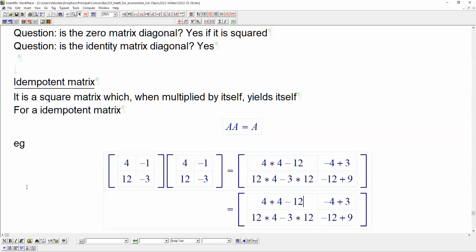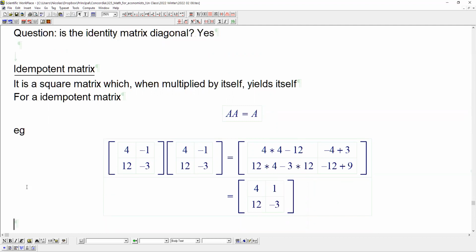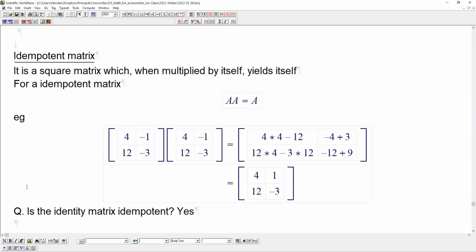So this is 16 minus 12, that's 4. This is 1. And this is 12. So these are quite neat. Question: is the identity matrix idempotent? Yes. It's like a quiz game, and I have the answer before I have the time to finish my question. And the zero matrix, if it's square, then yes, it's idempotent, of course.